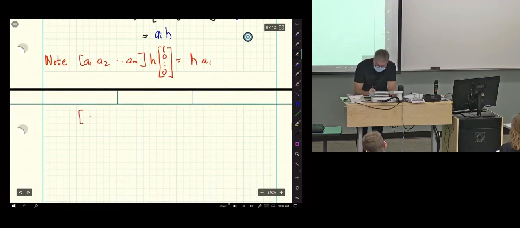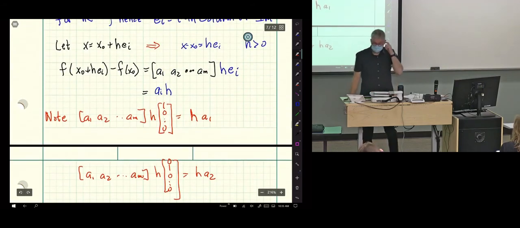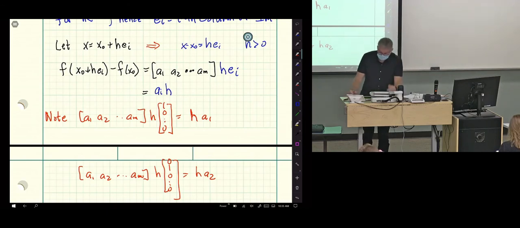If I go a1, a2, dot, dot, dot, am times h, 0, 1, 0, dot, dot, dot, 0, that would be h times a2. Okay, so my general formula is correct. Put the h on either side you want, okay?